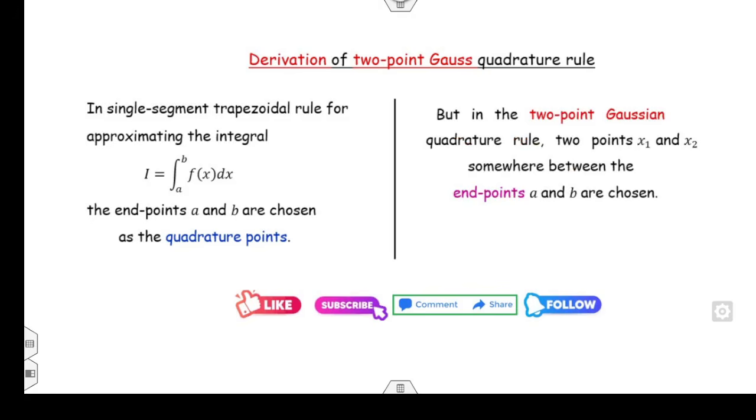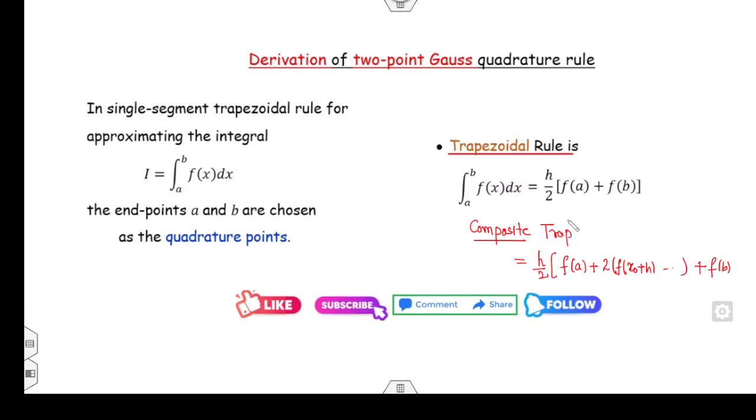Now, in the two-point Gauss quadrature formula, if we have the points 1 and -1, we have to choose 2 points in between them, say x1 and x2.